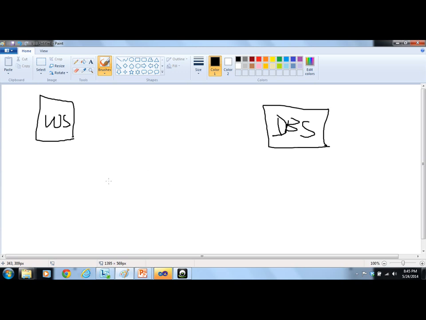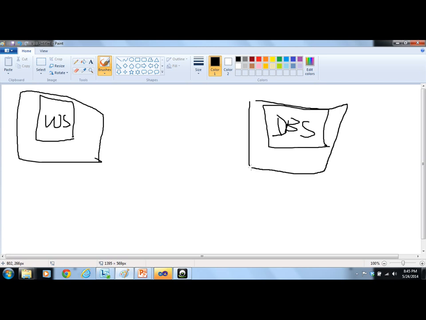Let's look at them in terms of systems. Let's say you have this web server in the system here. Let's just draw the big picture here. Let's look at them as systems. Now you are here.